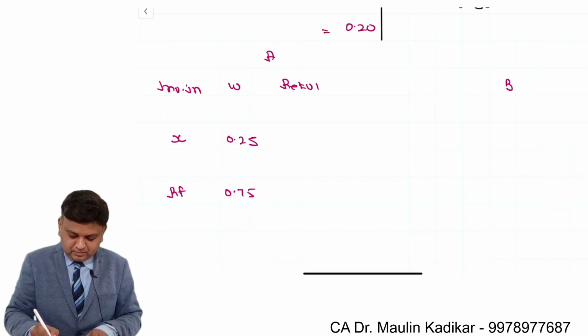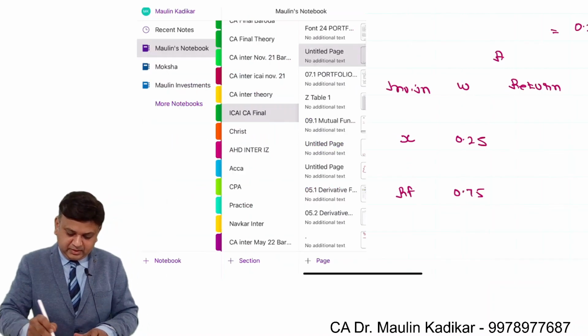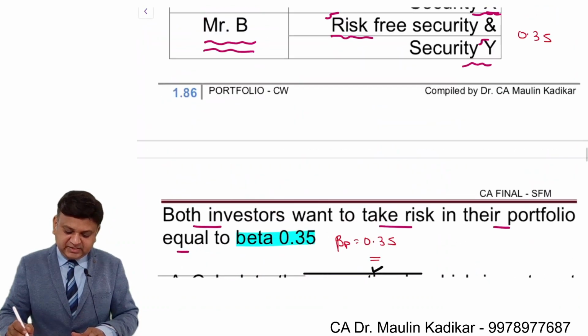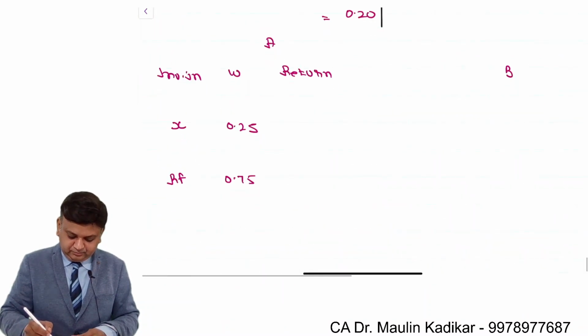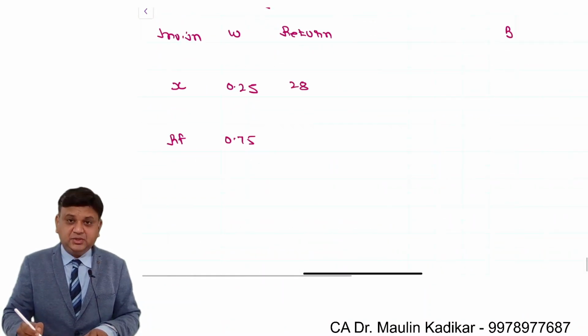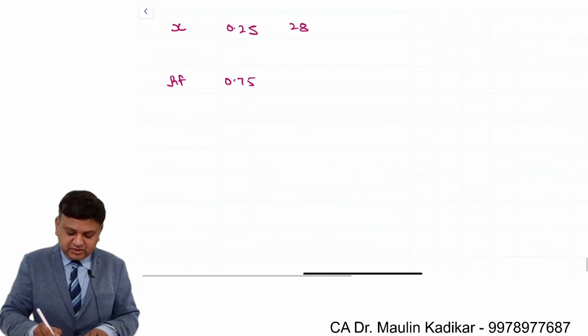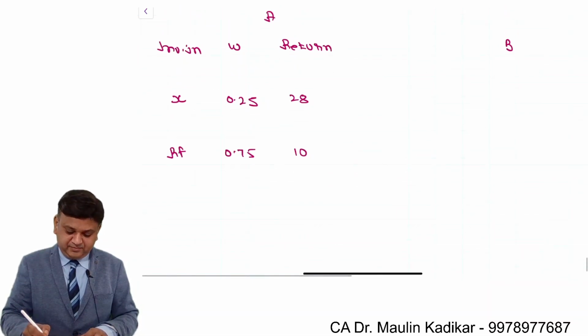Return: as far as the security A is concerned, the return is 28 percentage. So this is 28 percentage. And for the risk-free security, the return is 10 percentage.